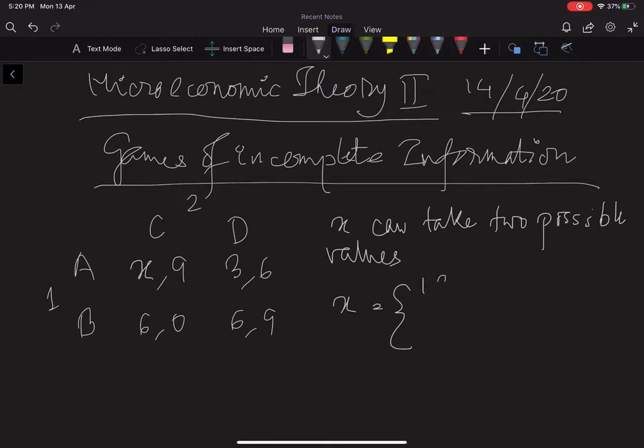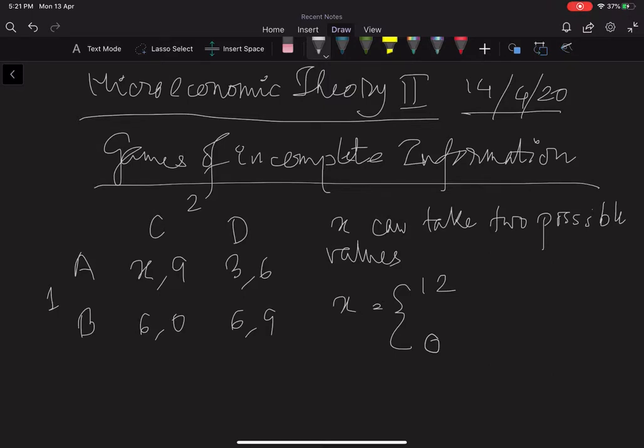It can take 12 or 0, right? So it can be either a high or a low payoff. So basically what this means is that player 1's payoff from taking action A when player 2 takes action C can be either 12 or 0.